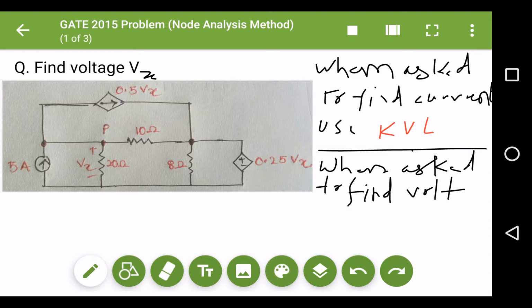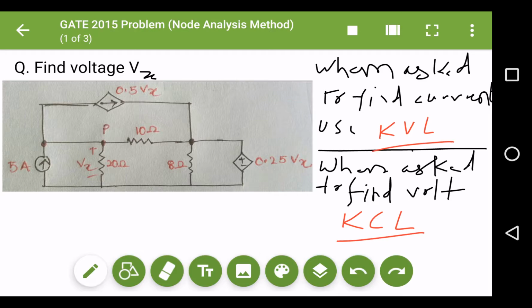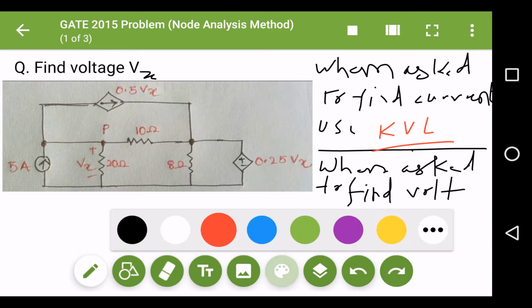The counterpart of KVL, that is KCL. Remember these two things whenever you're going through a network analysis. When asked to find a current, we use KVL, and when asked to find a voltage, we use KCL. Okay, so let's begin with this problem.